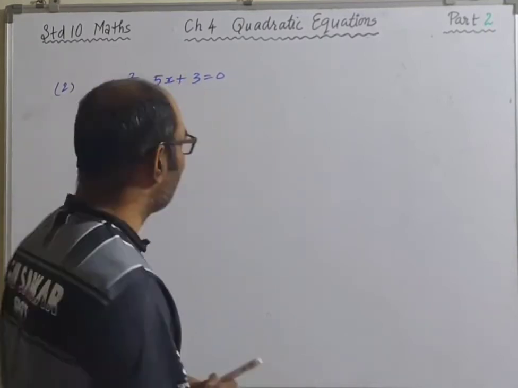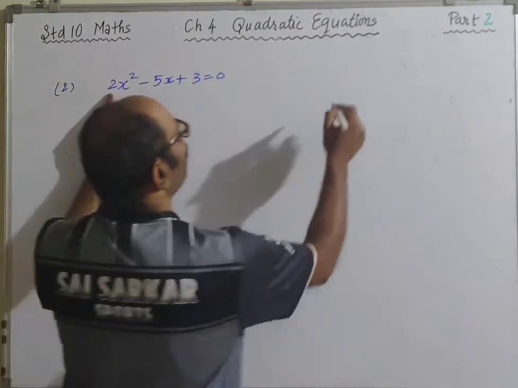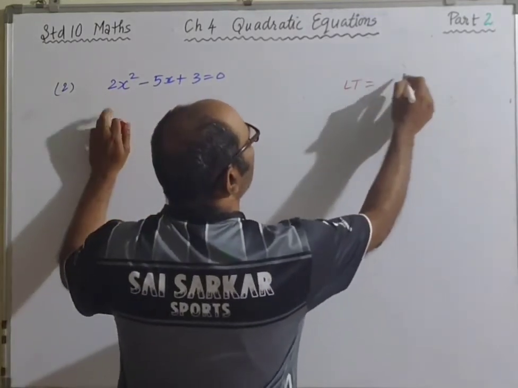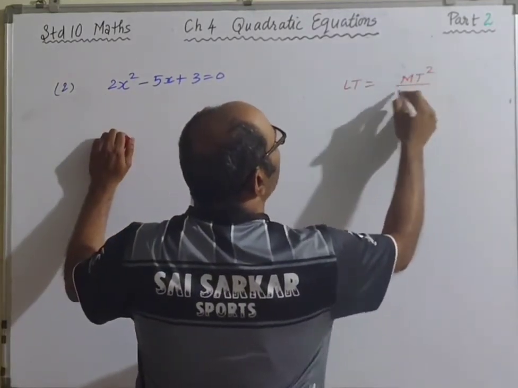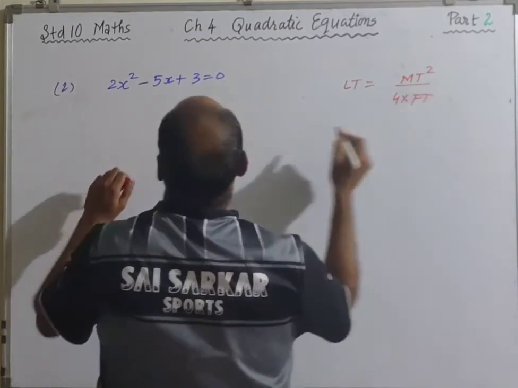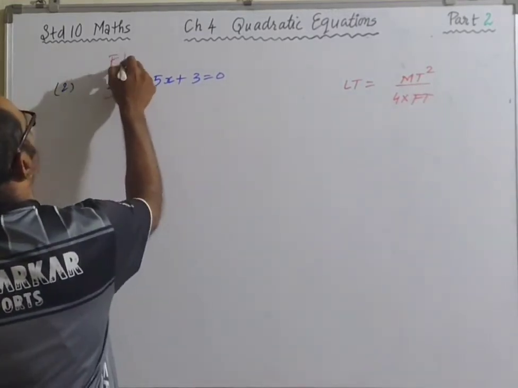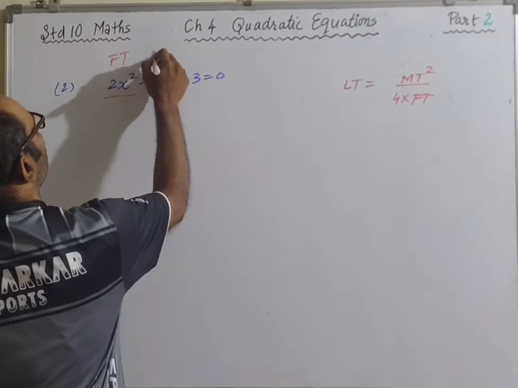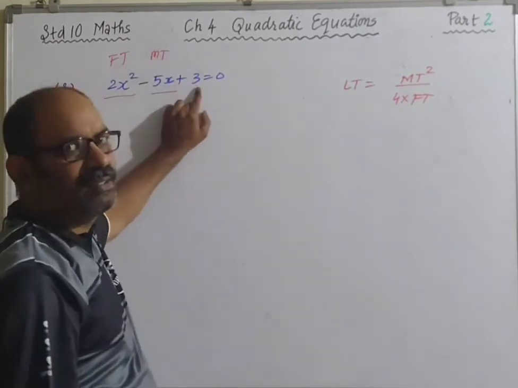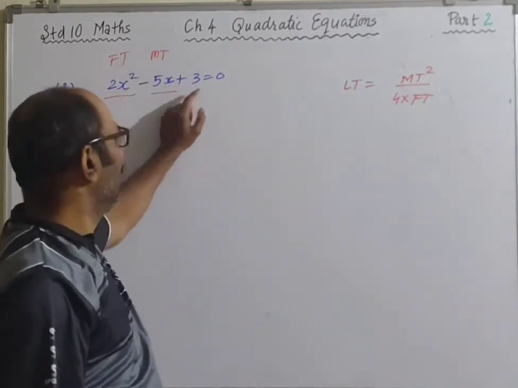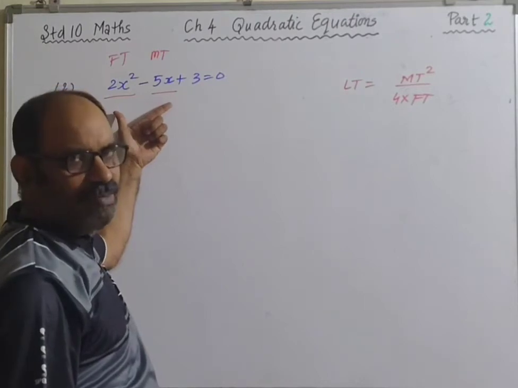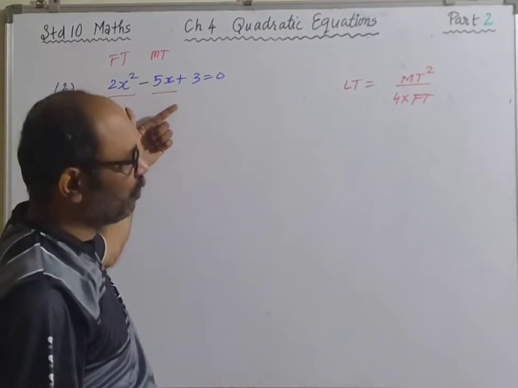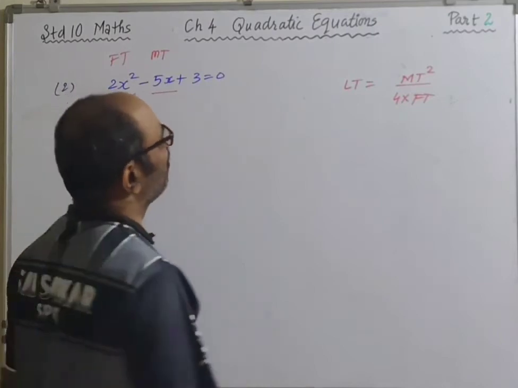Let's experience that. Okay. I'm going to find the last term. The formula is middle term square upon 4 into first term. This is your first term. This is your middle term. And this is the last term. But it doesn't make a perfect square trinomial. So to make it, let's see.